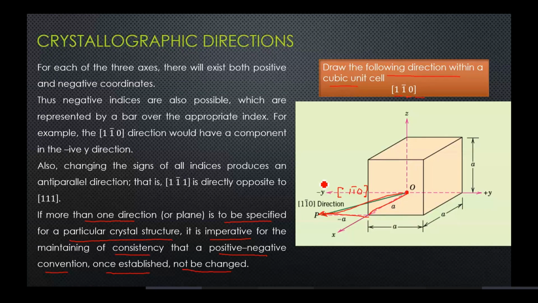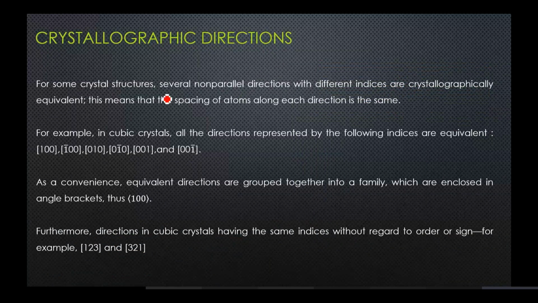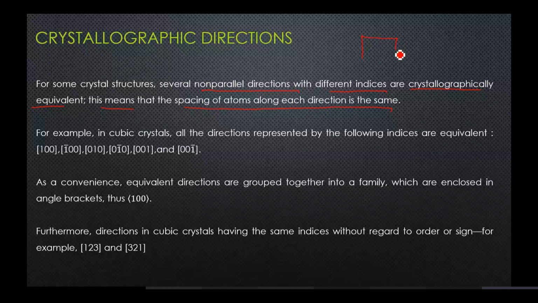All right. Moving on, there are certain things that you need to know: for some crystal structures, several non-parallel directions with different indices are crystallographically equivalent. That means the spacing of atoms along each direction is the same. For instance, I have this cube with me, and let's say this is a BCC crystal structure where 8 atoms are there at every corner, and there is one atom within the center.